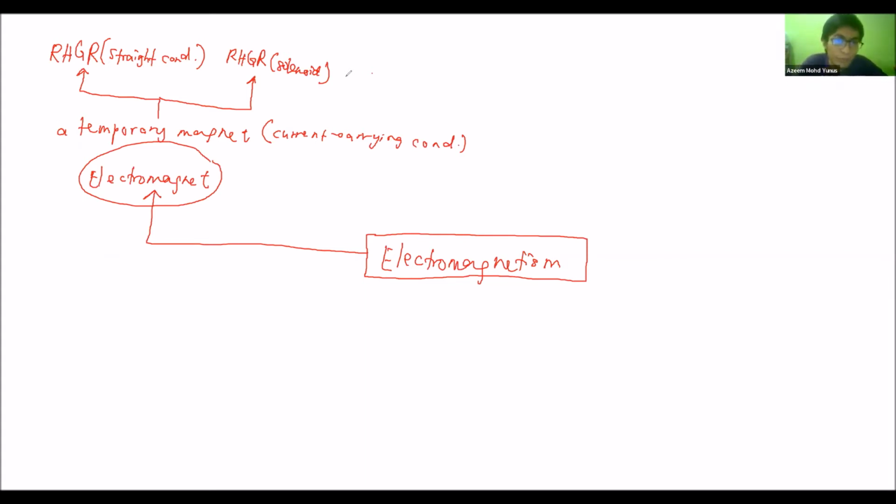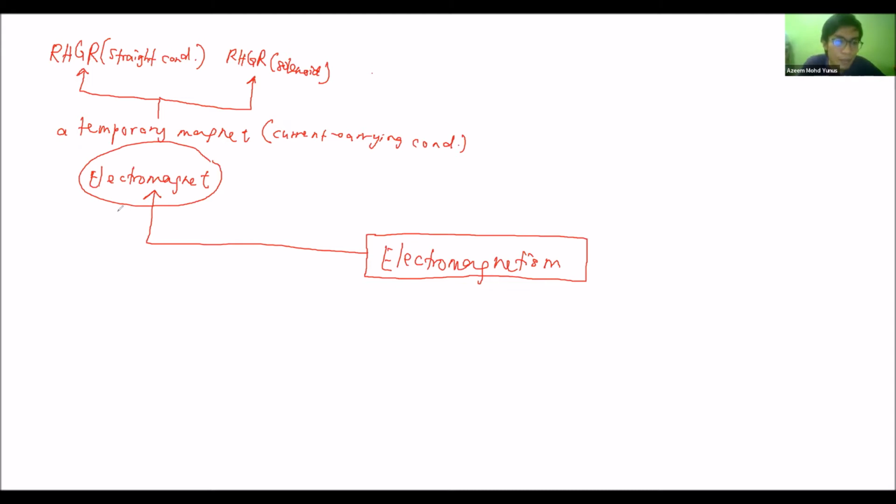To draw the field pattern and know the direction of the electromagnetic field, you just use a compass. But apart from that, that is the most important that we learn.